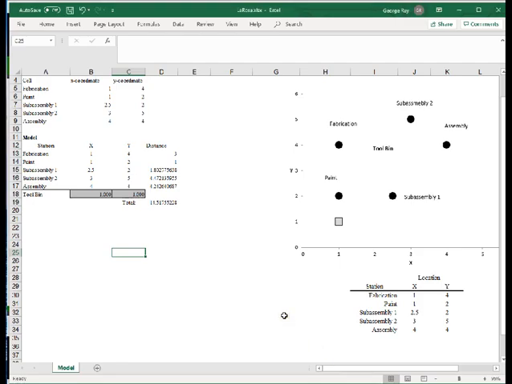So here we have a chart of the other 5 stations: the paint, the fabrication, the subassembly, the assembly, and there's 2 subassemblies, subassembly 1 and subassembly 2. And then the question is, where do we put our tool bin?